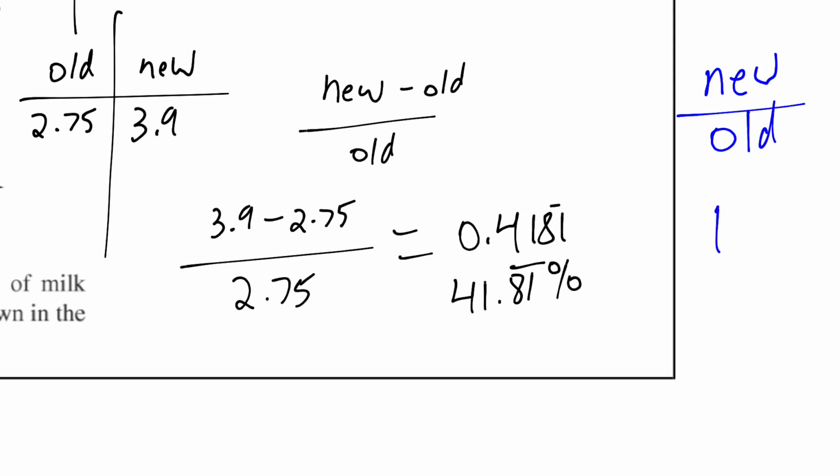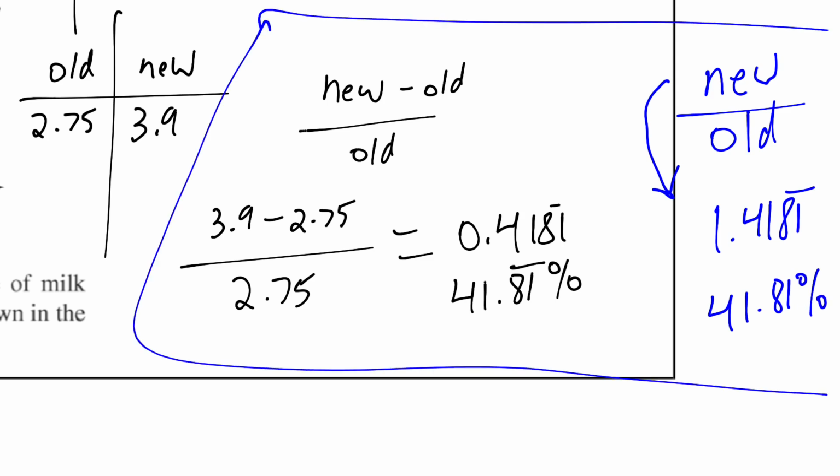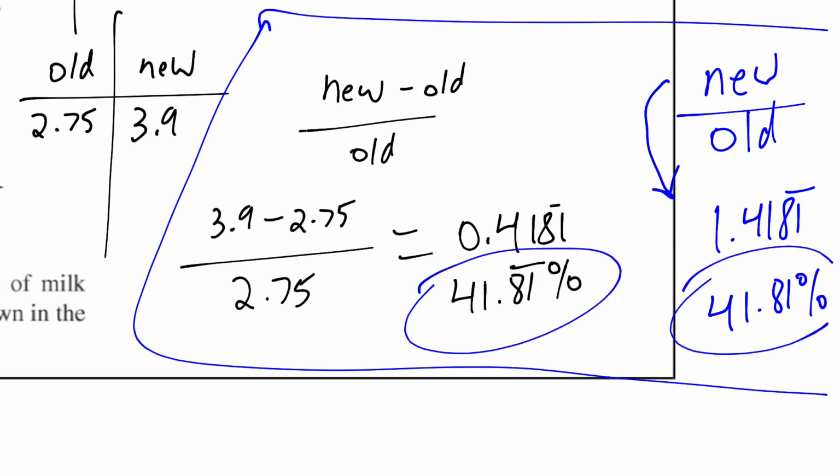And what you get there is 1.4181 repeating. And if you think about it as you start off with your 100% and then you add the 41.81%, that tells you how much you increase. Both of these methods will work. You are increasing by just under 42%.